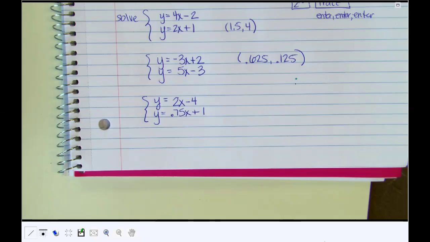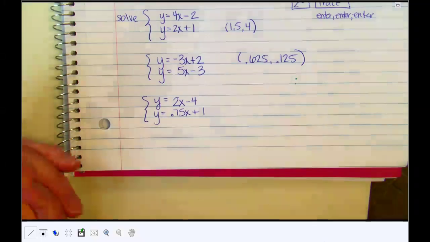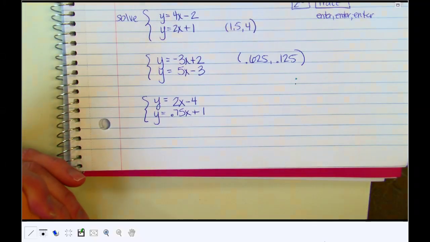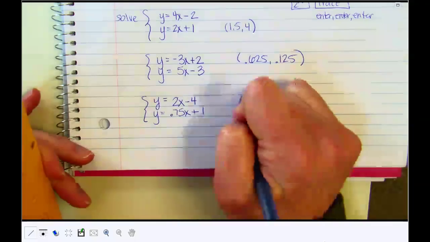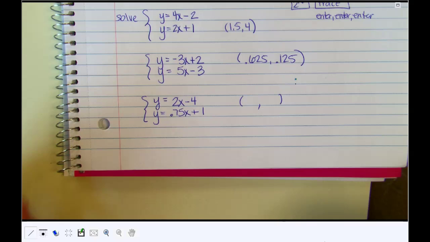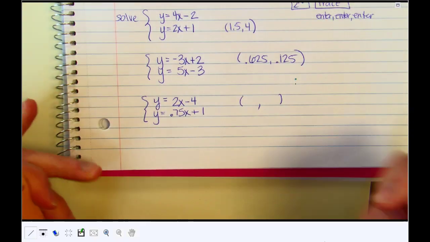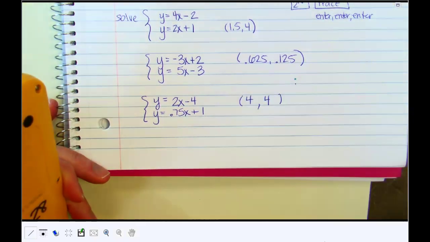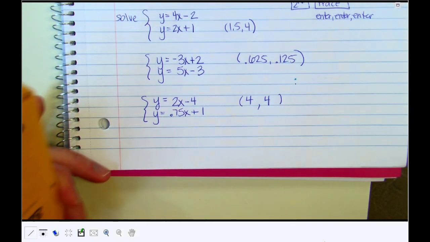So write down what numbers you see on the bottom. What numbers did I write down on the other ones? So remember, folks, yesterday we talked about that your solution is x and y because you have x and y in your equation. So what is your solution? 4. You're done. Like, this is super easy.